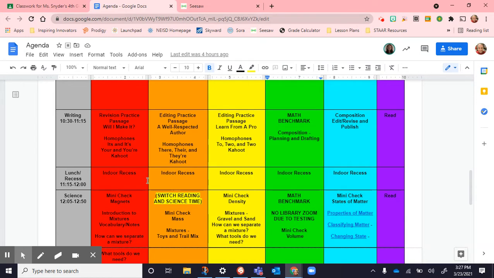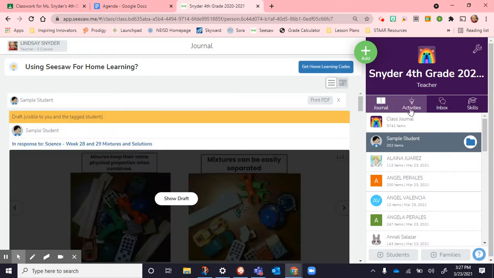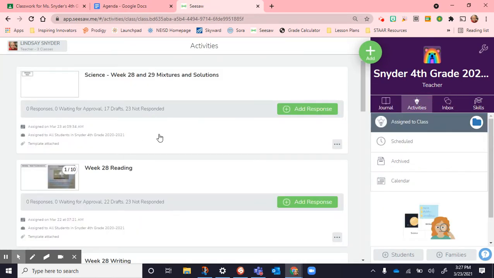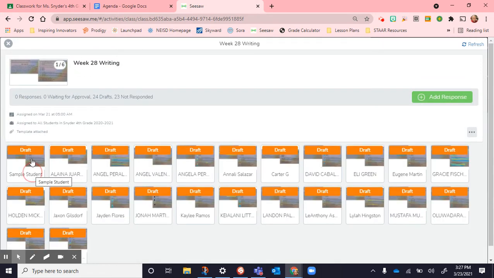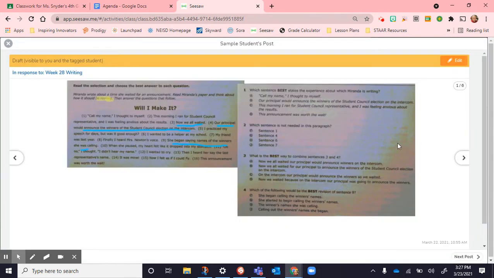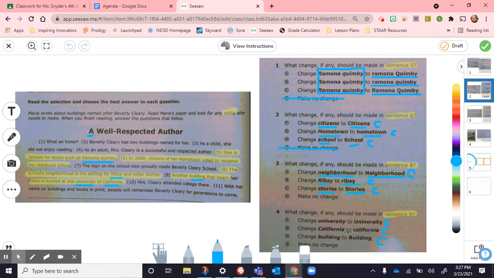Then after our Kahoot game, we went to Seesaw and we went to writing. Open this up, and we did page 2. We talked about these. These were all capitalization changes.